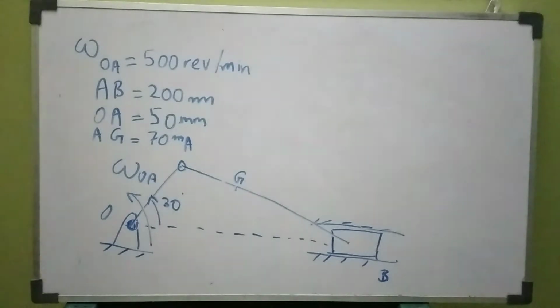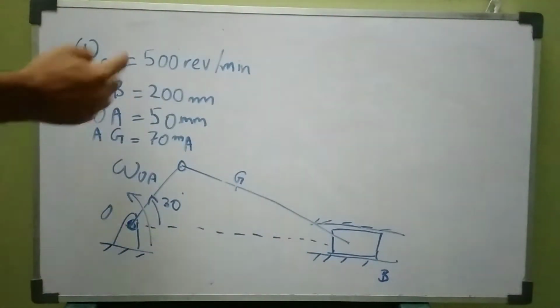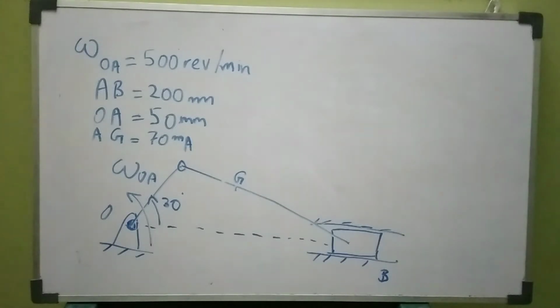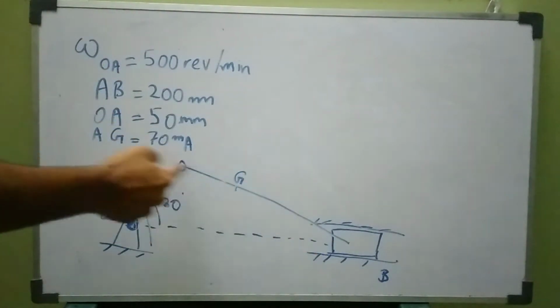So in this case we need to find the velocity or the angular velocity of this AB, which means we need to find the instantaneous center of AB's rotation. From that we can find those things.